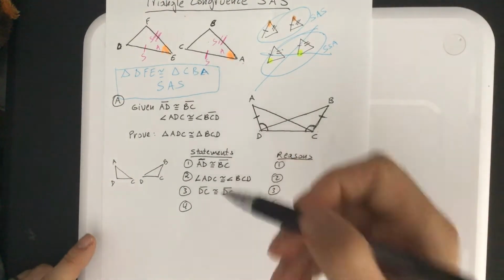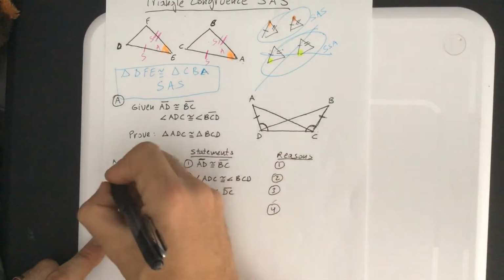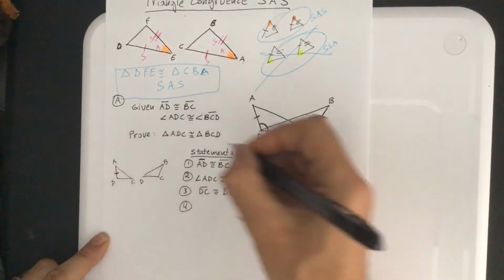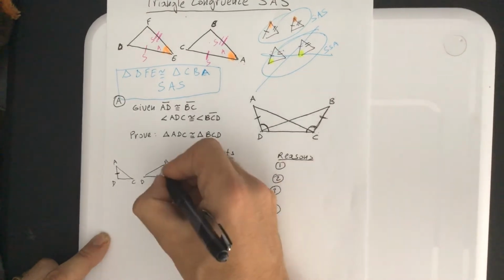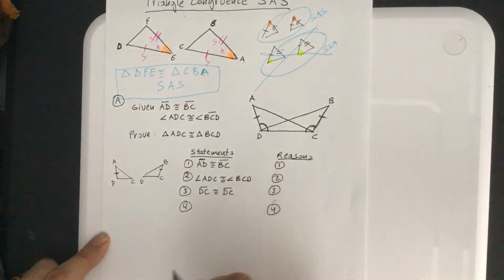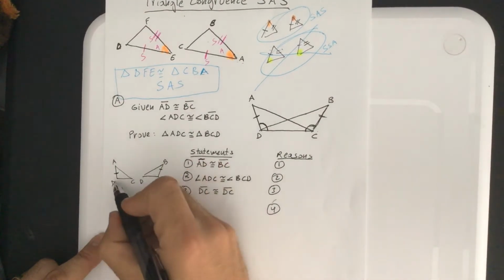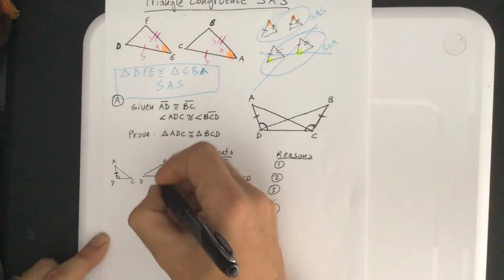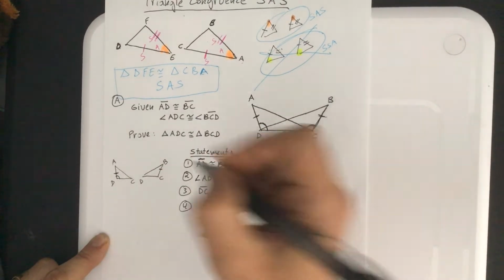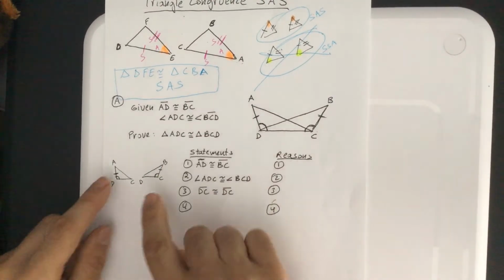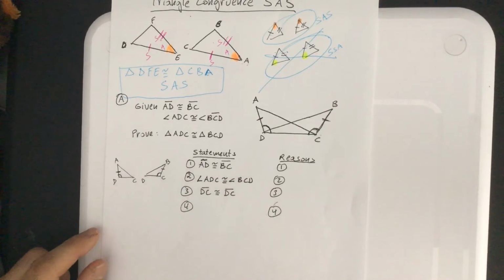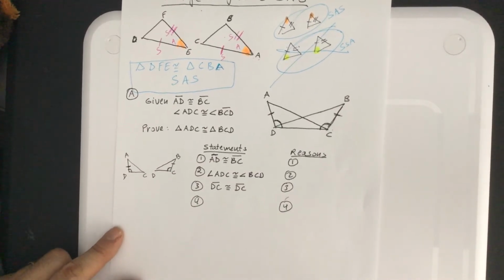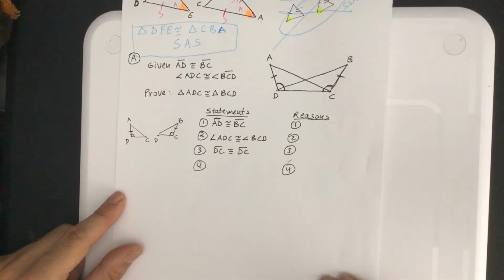Also, let's write down the given information. AD is congruent to BC. We know that this angle here, ADC, is congruent to angle BCD. So now that will be a better picture for me to see.